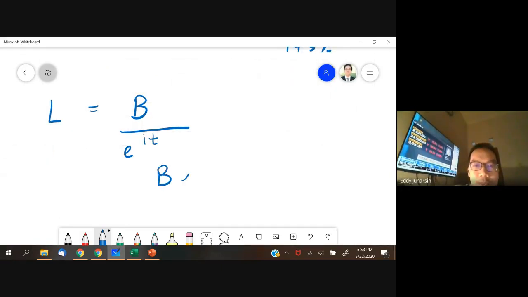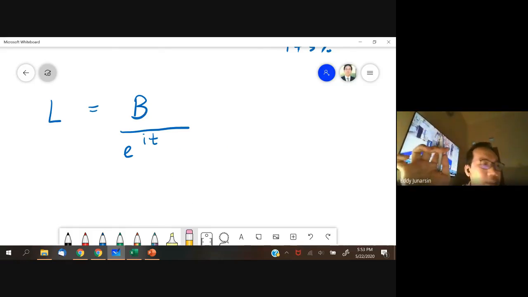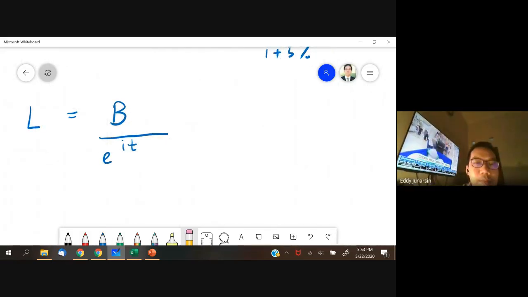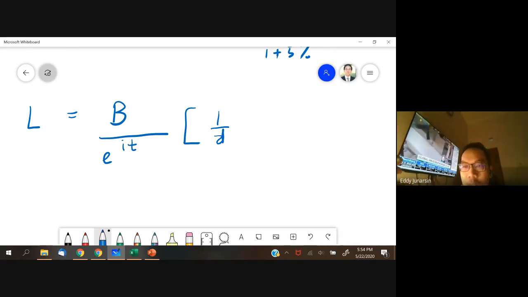Borrowing value times exponent to the power of. That's the same thing, okay? You could move it here. Okay? So I like this one better, easier to see, and then multiplied by 1 divided by D. So D is the debt ratio, the proportion of debt to total assets, right?